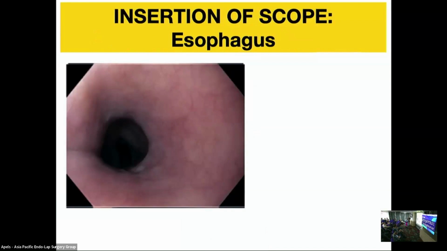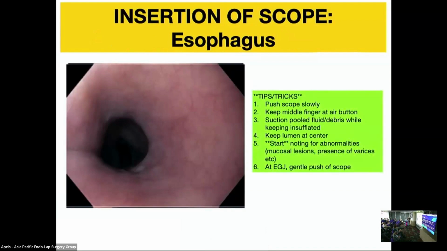So when you go to the esophagus, again, put the lumen at the center, push the scope lightly, slowly. Keep your middle finger at the air button. Suction your fluid, your debris, while keeping the lumen inflated. Start noting for your abnormalities, for any mucosal lesions, for the presence of varices.